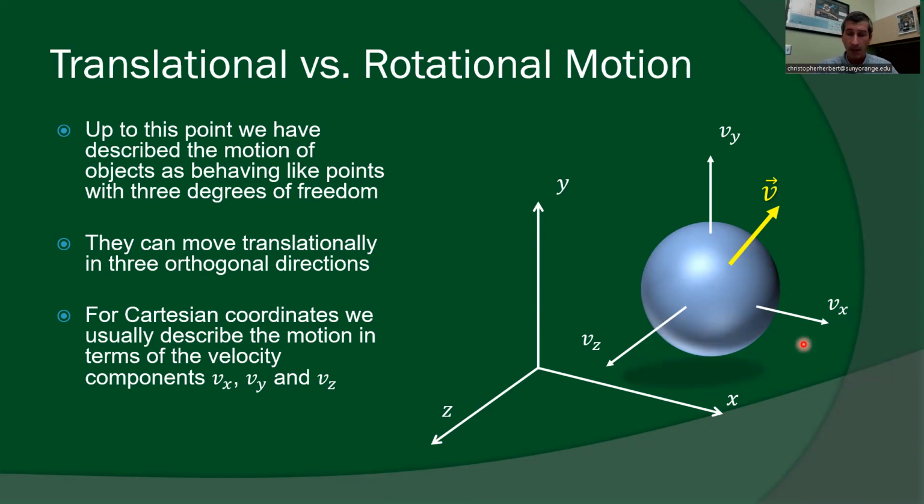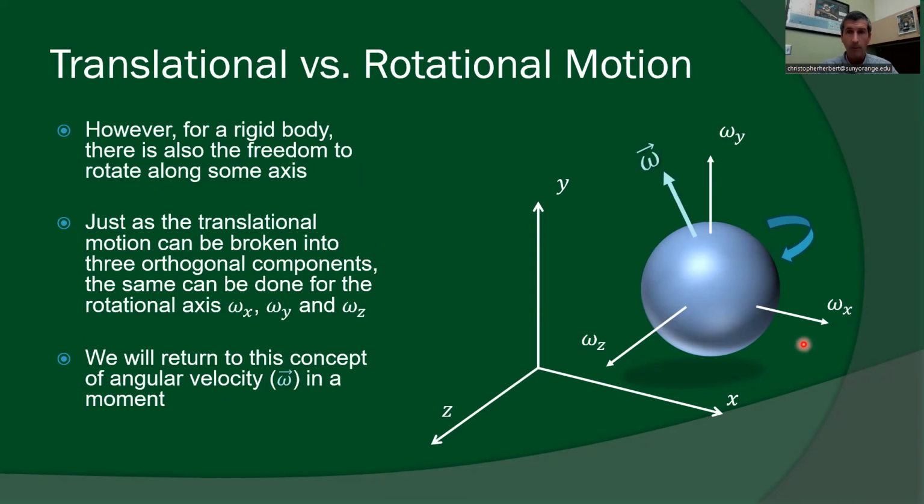Now we're going to say not only can we move, but we can rotate about different directions, and we can have an x-axis, a y-axis, a z-axis, and this omega, this lowercase omega, represents how rapidly we are rotating about that axis. This is known as angular velocity.